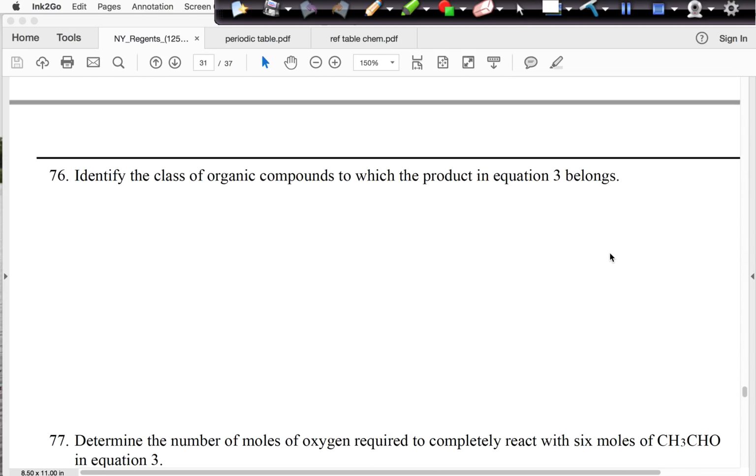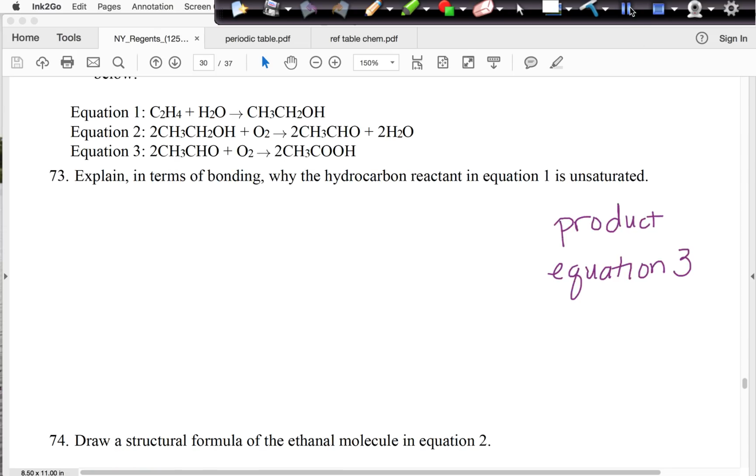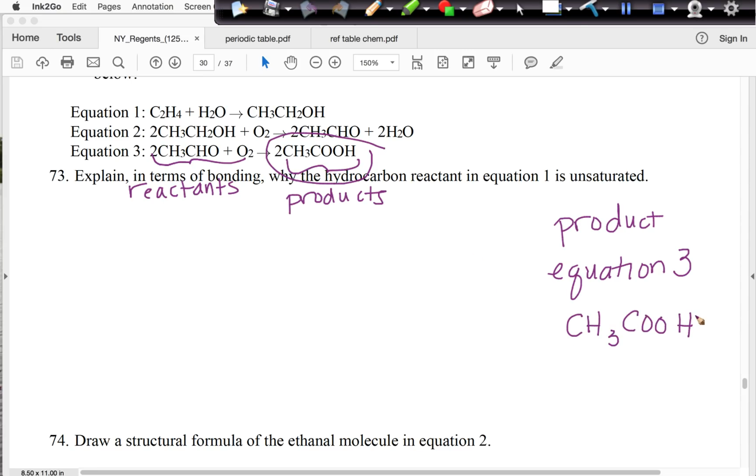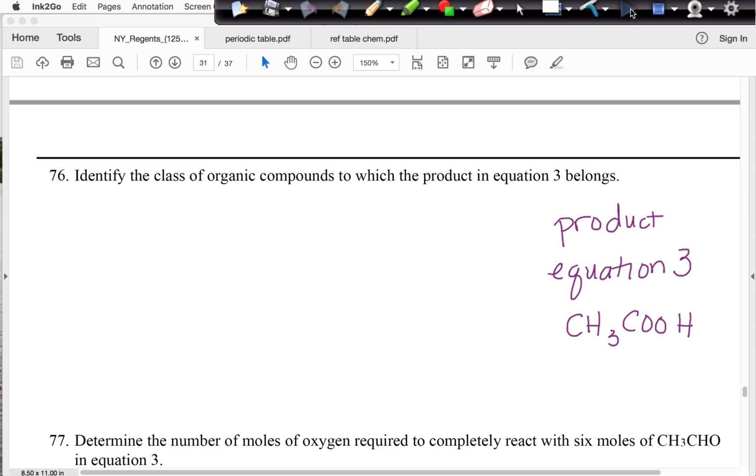For 76, identify the class of organic compounds to which the product in equation 3 belongs. So that means we have to look at equation 3 and find the products. Remember that in any chemical reaction, we always have reactants making products. So we're talking about CH3COOH.